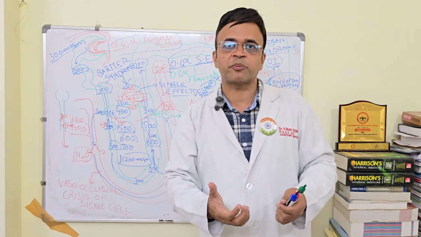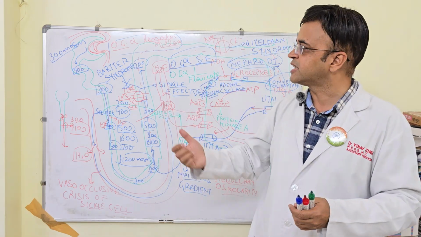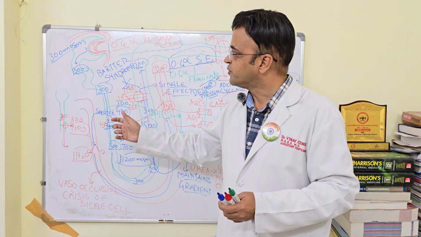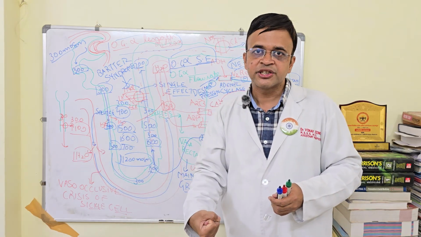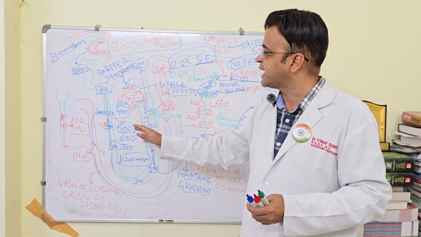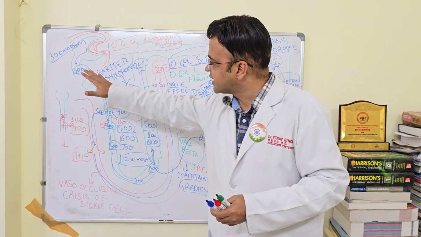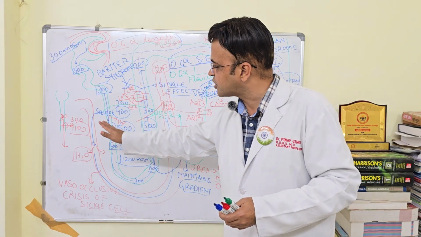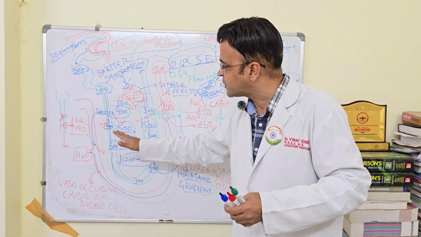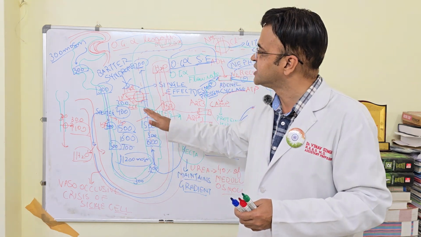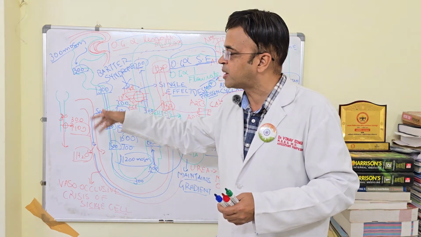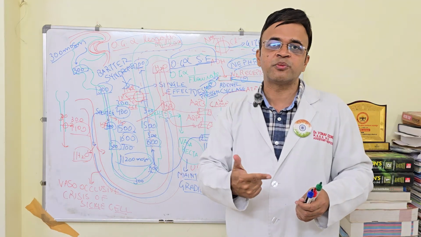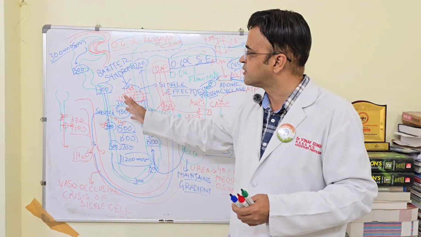For proper understanding of countercurrent multiplication, we switched off the nephron, then switched on the nephron all over again. This 300 will go, and since it is our first round, no water will come out. Once this 300 reaches over here, the solute will be pumped out with the help of 1 sodium, 1 potassium, 2 chloride. This will become 400.